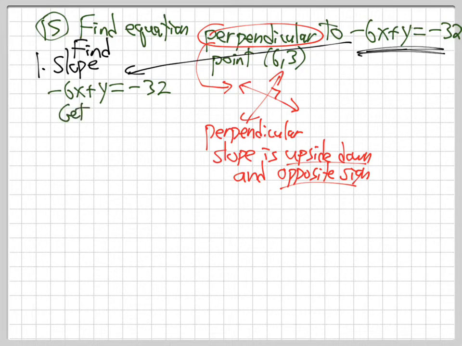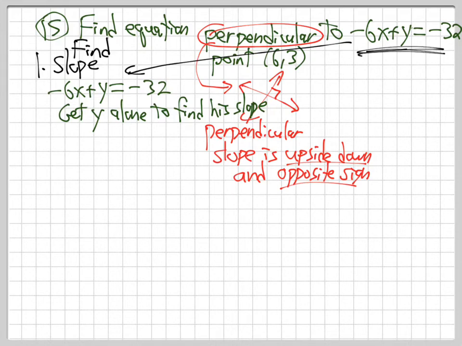And I'm going to get y alone to find his slope. Now, this is not my line. This is some other line, and my line is perpendicular to that line. Is this making sense? We're comparing lines. So I've got to get y alone to find his slope.